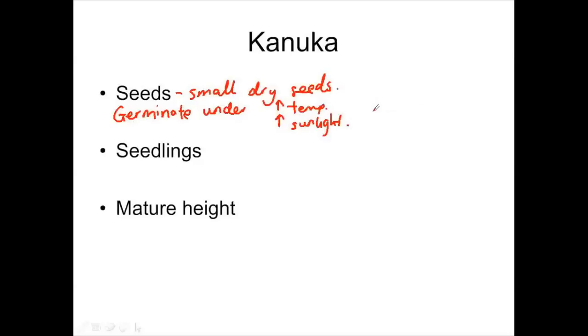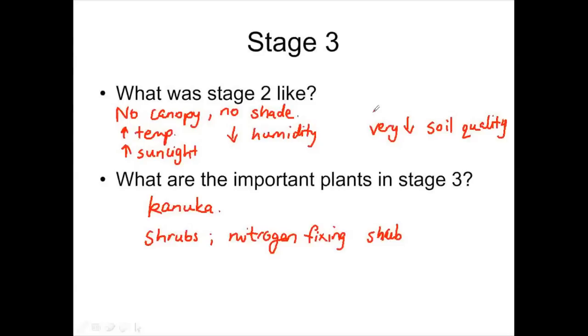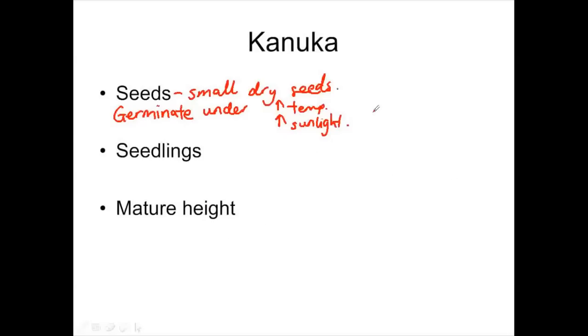So if we look back at stage 2, high temperature, high sunlight, that is in stage 2. What they also need is some soil. They need a decent amount of soil quality.